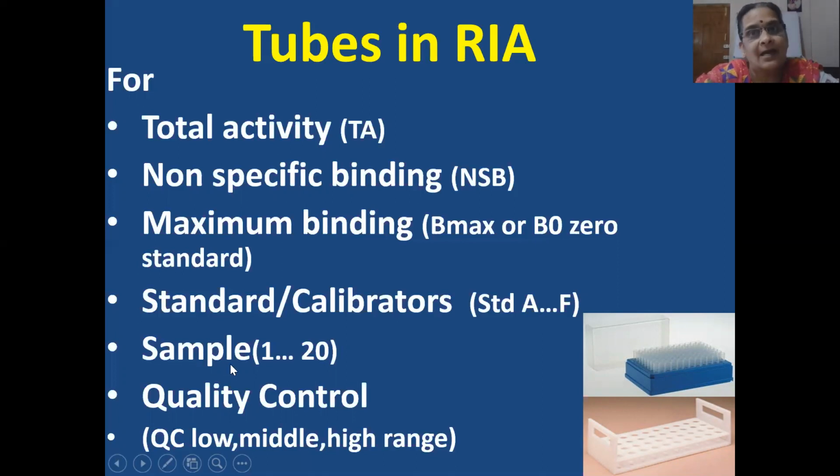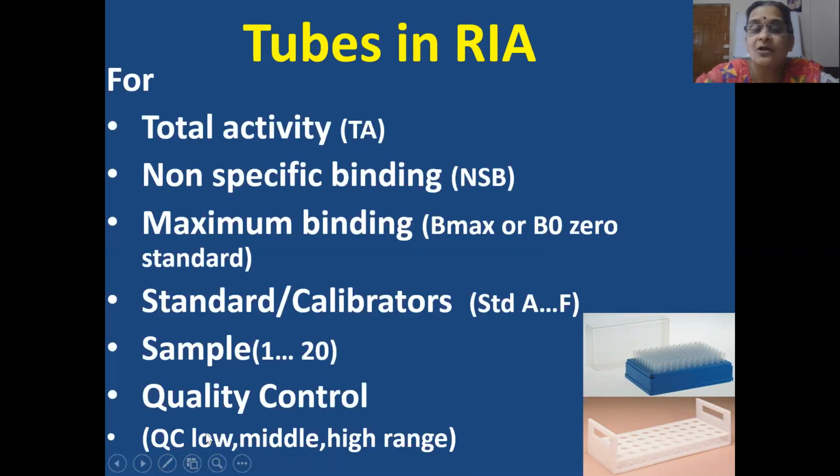The samples are the test samples; for example, I have put 20 test samples to be run along with the RIA curve. Then the quality control tubes, for low, middle and high range, where you know the concentrations but you want to get them from the assay.